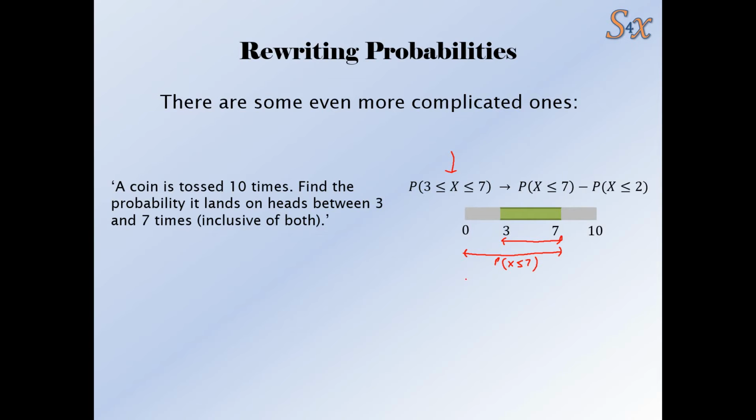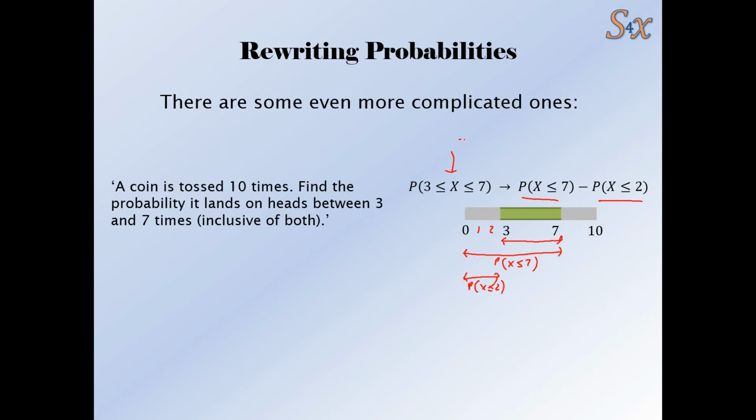All we want to do is get rid of this grey bit here. We just want to get rid of those bits. That is the probability x is less than or equal to 2. So I just want to get rid of the 0, the 1, and the 2. So if I do this one, subtract this one, I'll be left with the probability I'm after.